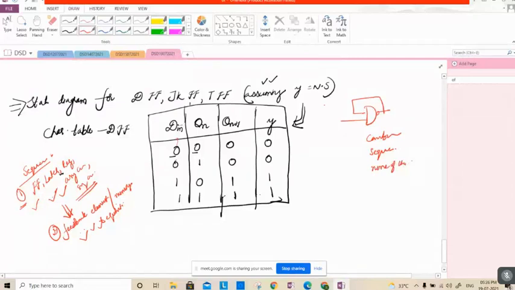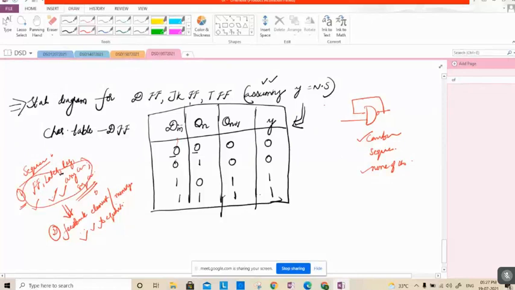You people will place it as a combinational circuit because there is a NAND gate. Some people will keep it as none of the above. But from the first understanding, it is never a sequential circuit.